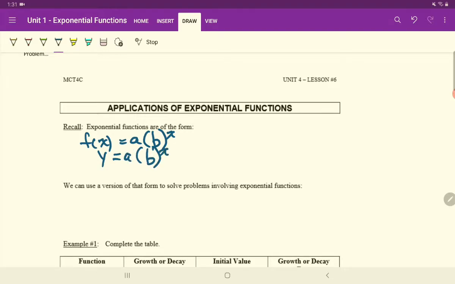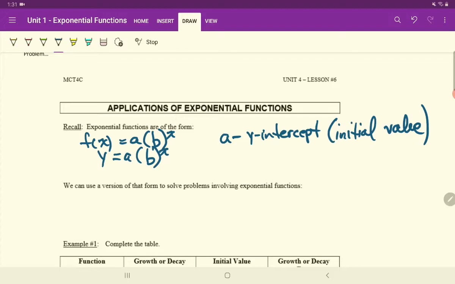Okay, but remember that the a value represents the y-intercept, or when it comes to a word problem, we call it the initial value, so the starting amount.